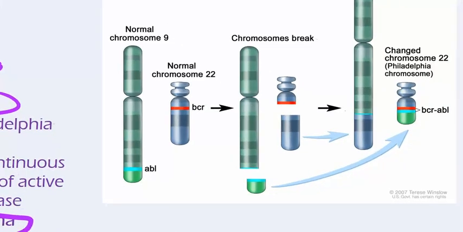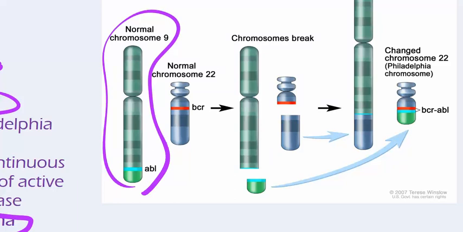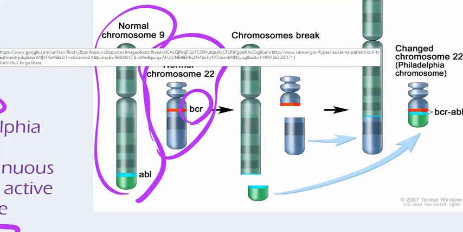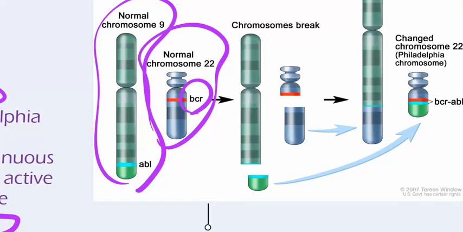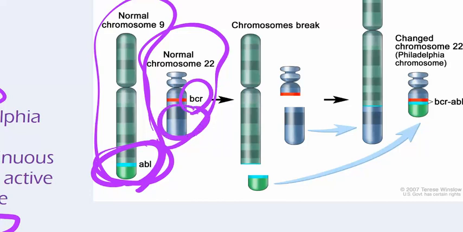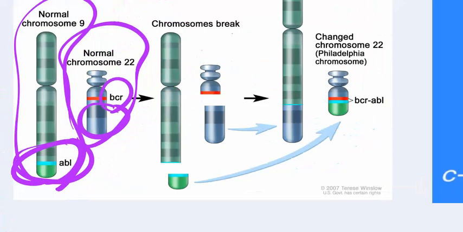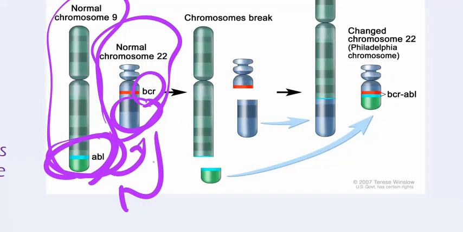When we look at chronic myeloid leukemia, it's a translocation between chromosome 9 and 22. Normally this is chromosome 9, and this is chromosome 22. Now this is your B cell receptor, BCR, which is actively being transcribed. What happens is this piece here, ABL, can be removed, and this piece here can be removed, and they exchange positions.